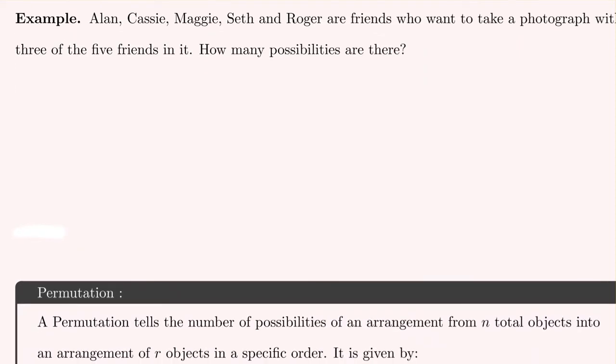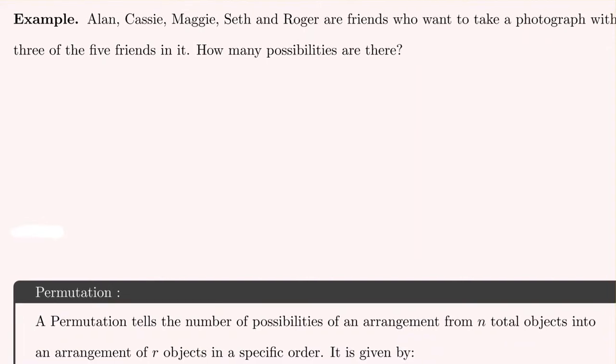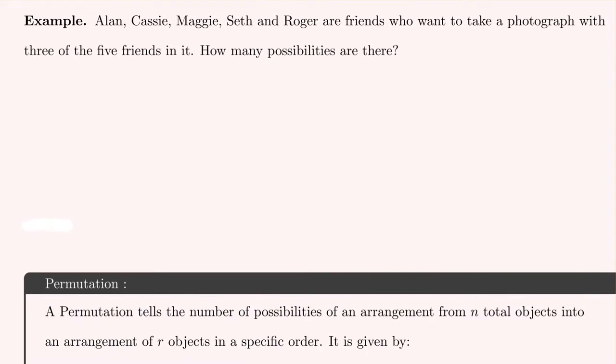Suppose that Alan, Cassie, Maggie, Seth, and Roger are friends who would like to take a photograph with only 3 of the 5 possible friends in it. So of the friends listed, not everybody will be in the photograph. They are curious that if only 3 individuals at a time were in the picture, how many different ways could they end up taking the picture?